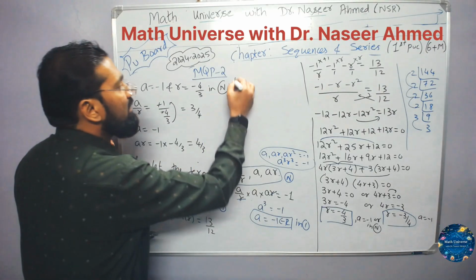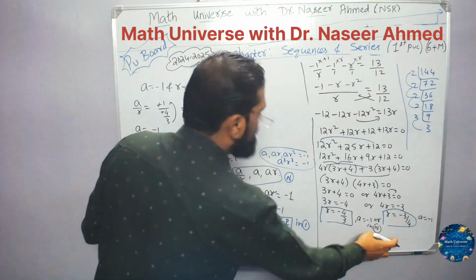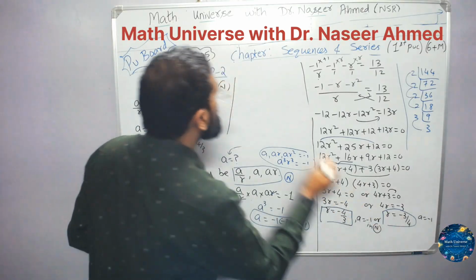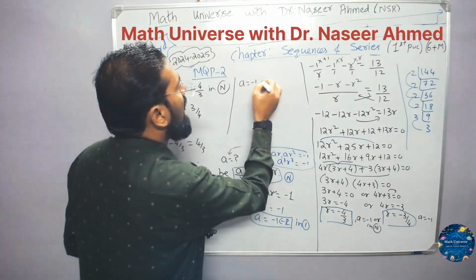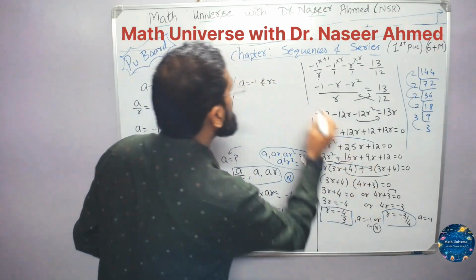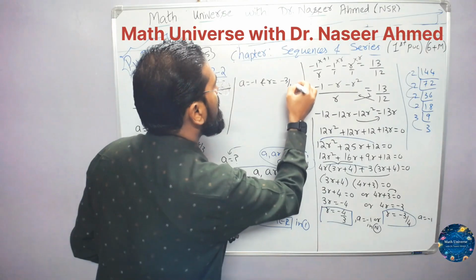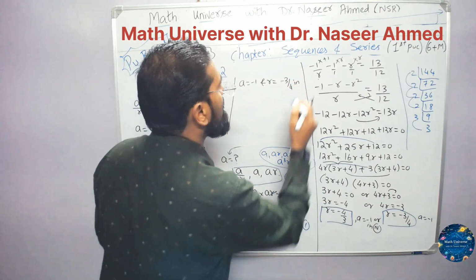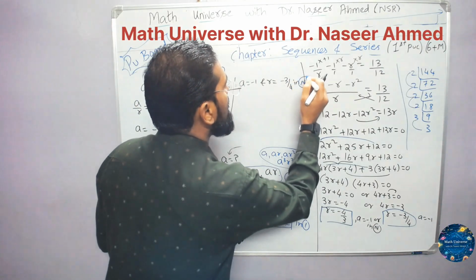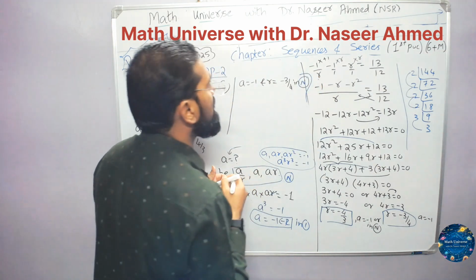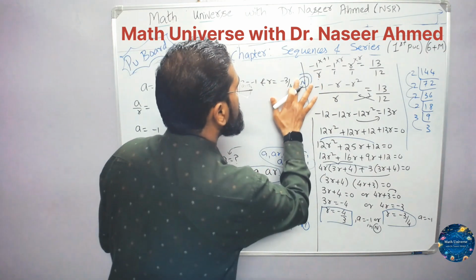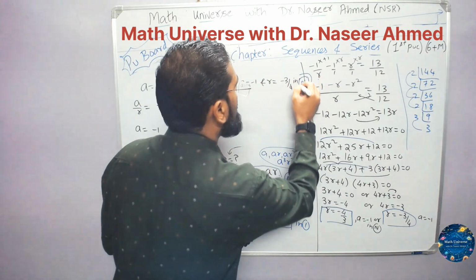Fine. Now similarly, if I put this value, a is equal to minus 1 and r is equal to minus 3 by 4, again in equation number n, see carefully what's going to happen. With more space.